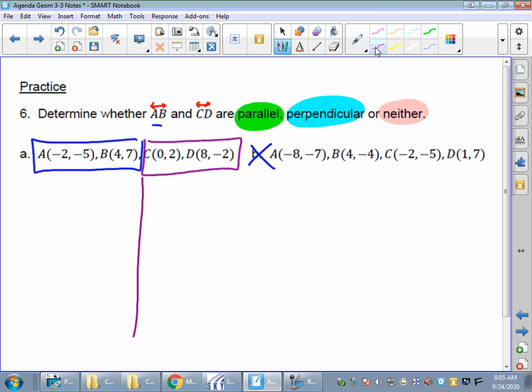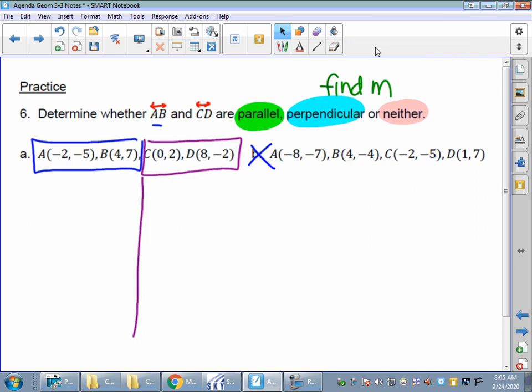Well, in order to tell if they're parallel, perpendicular, or neither, I need to find the slope, right? Then I can compare them. If I graph them, I can get a pretty good idea, and some people do like to graph them, but I still need to see what the slope is. So if you graph, you still have to write down m equals whatever, count your rise over run.